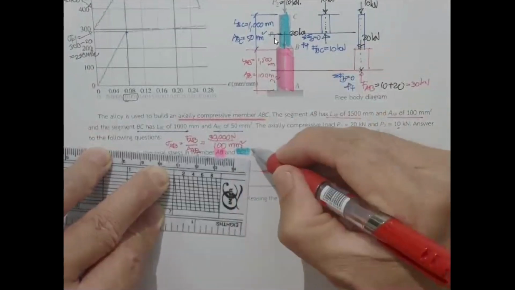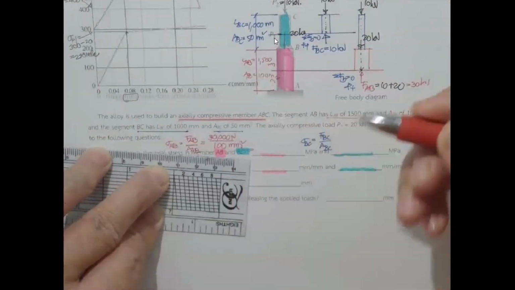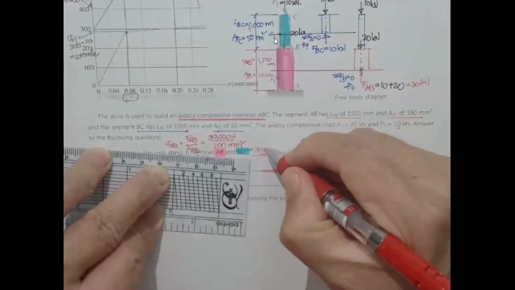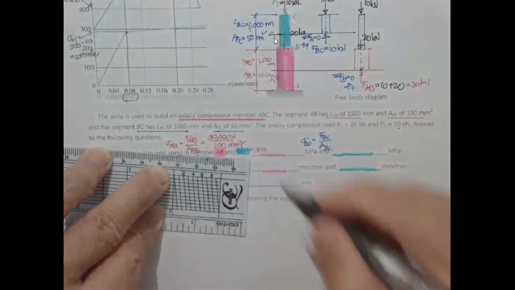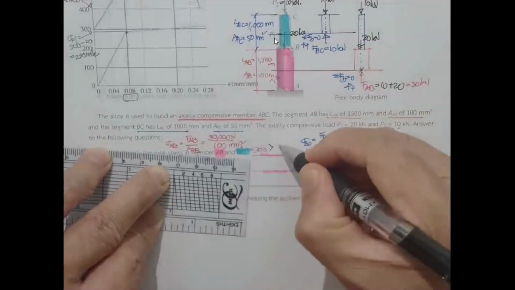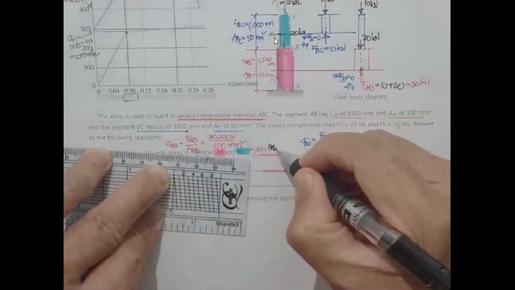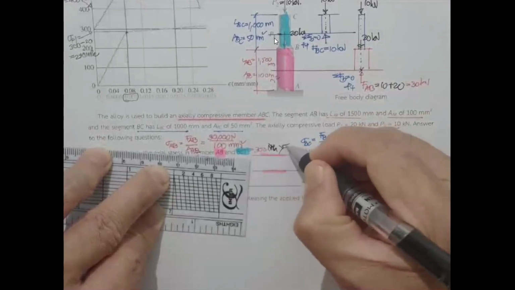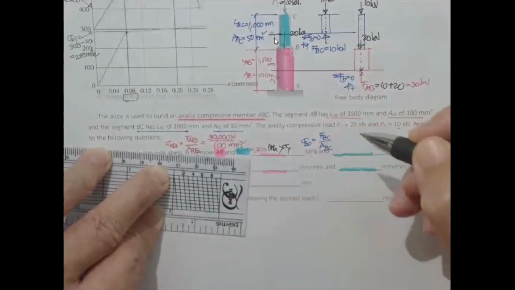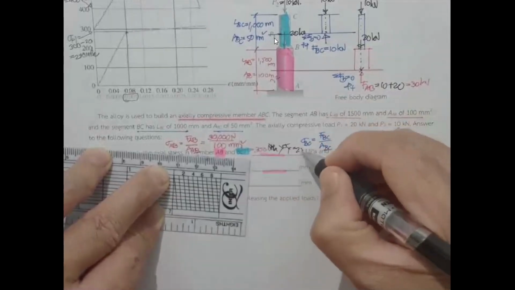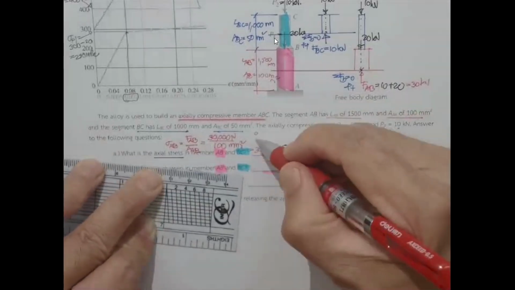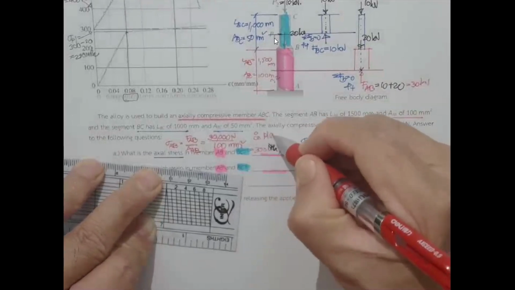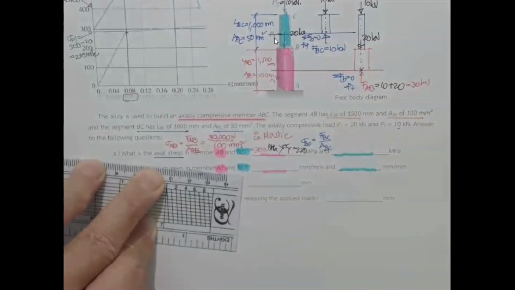That is going to equal 300 megapascal. This is larger than sigma sub y, which is 280. So the behavior of this portion is going to be in the plastic region.